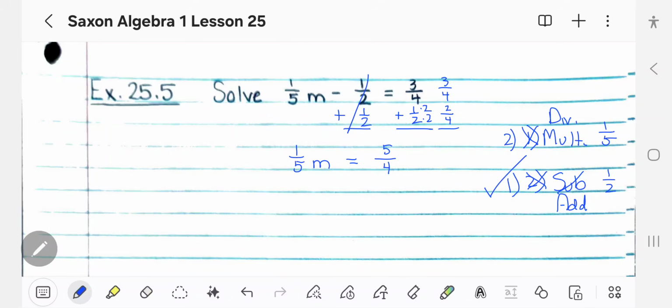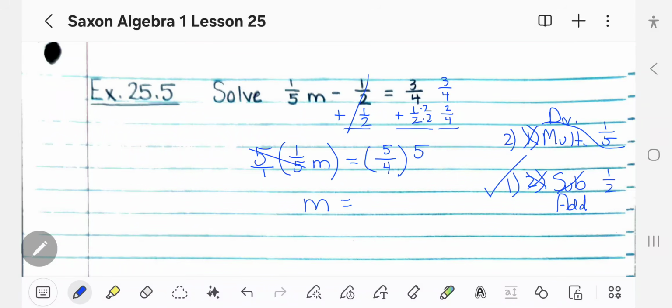We know that dividing by a fraction is the same thing as multiplying by its reciprocal. So we're dividing by 1/5, which is the same thing as multiplying both sides by 5. That's a lot less to write, and it means mathematically the same thing. Those would cancel out because this is a 5/1.